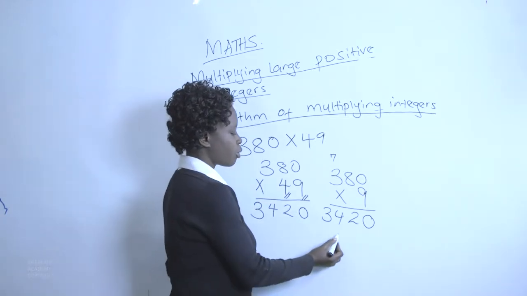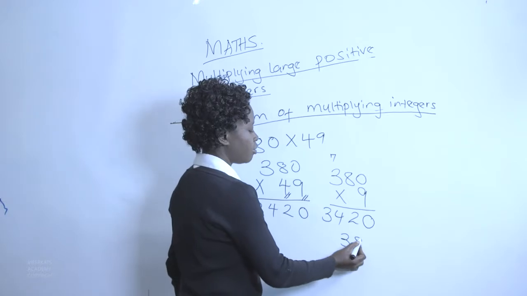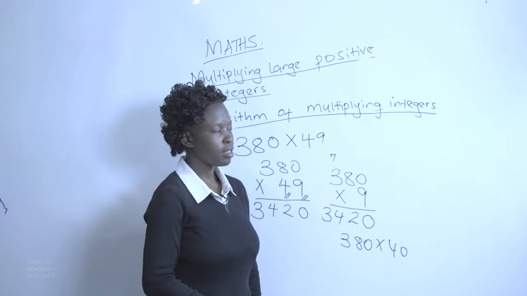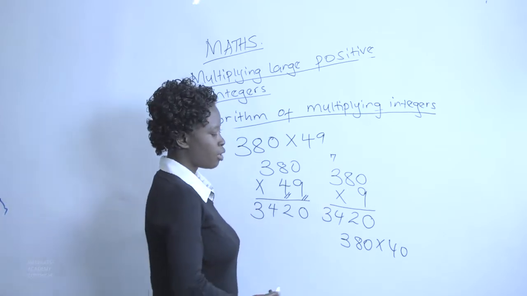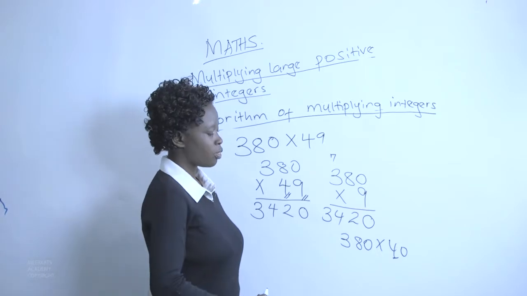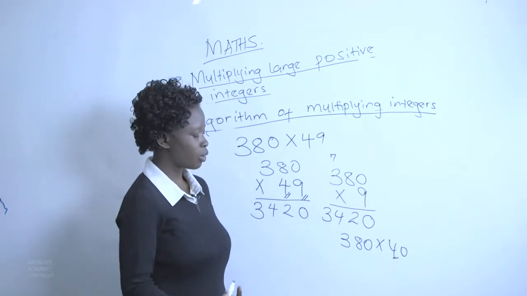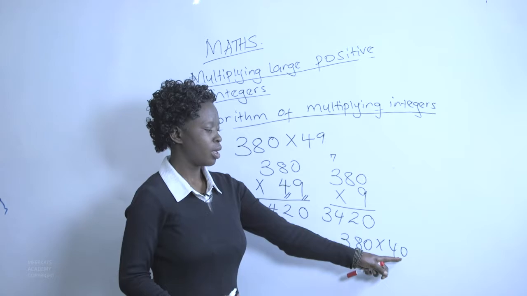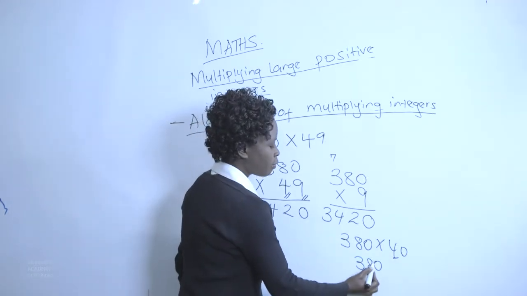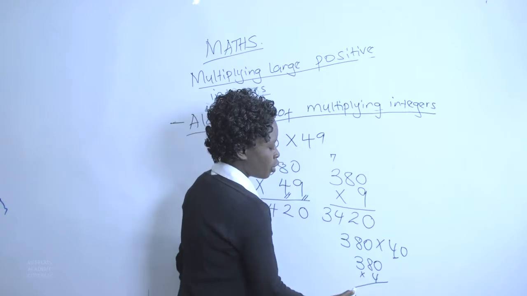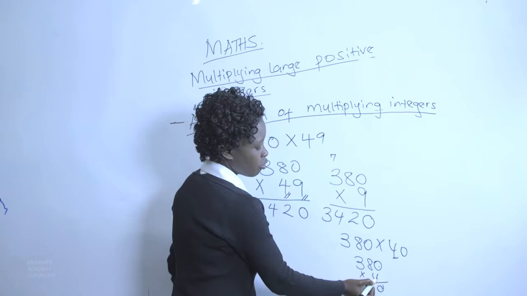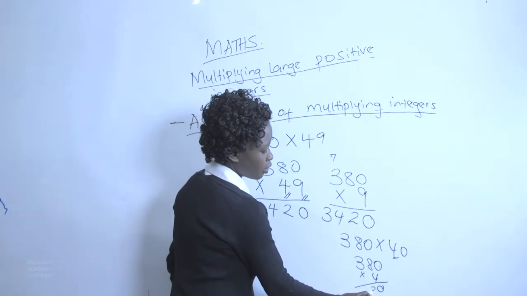So it means we are having 380 multiplied by 40. 40 is a multiple of 10. We said you start by multiplying the number by 4, then the answer you get, you simply add on the 0 that is there. So we'll have 380 times 4. 4 times 0 is 0. 4 times 8, we are getting 32.